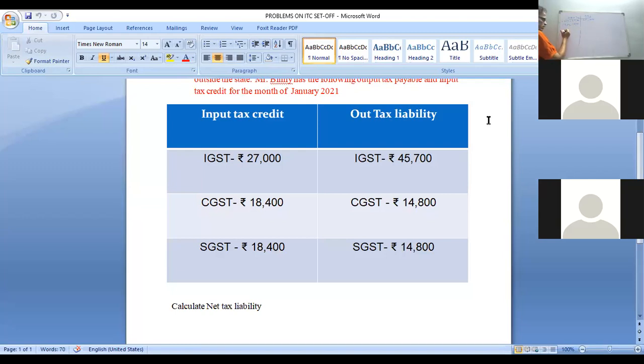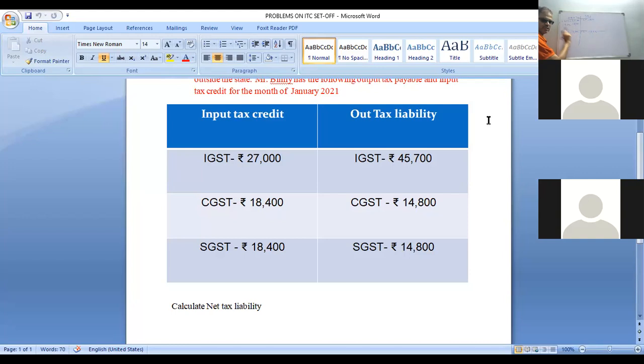Now we'll go for the next, output tax of CGST. What's the output tax CGST? 14,800. And what is the input tax credit you are having for CGST? 18,400. Now, which is more?